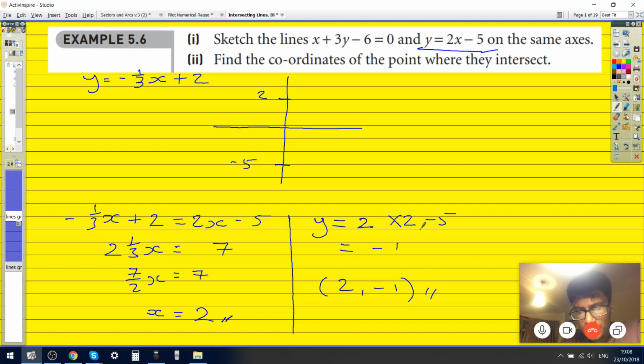That's it. And so we have to sketch both of these lines. So we only have the y-intercepts for them. So how would we get a second point? Let's say where they cross the x-axis or something.